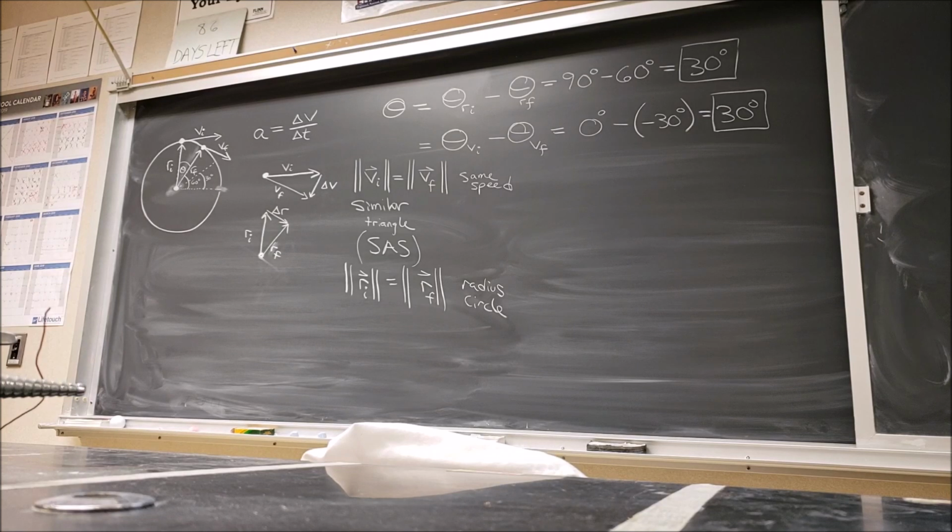All right, so the last step here, it's not too bad. Do you remember when we have similar triangles, you can set up a ratio equal to another ratio, you're pretty much setting up a proportion.